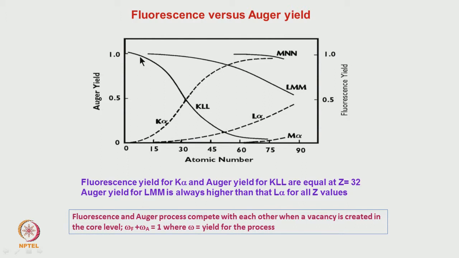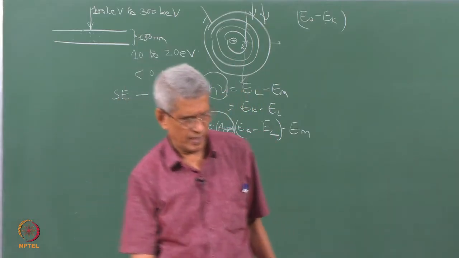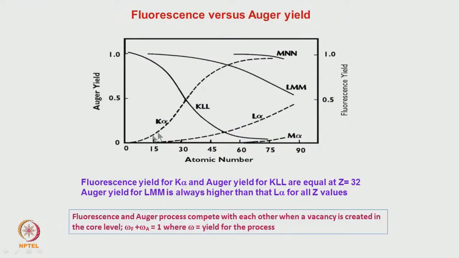From this, what we can make out is that irrespective of whether it is an Auger emission or an X-ray emission which is taking place, all these emissions can take place only if a vacancy has been created in the core level. So, this creation of a vacancy in the core level is, as we can make out, independent of the atomic number of the elements.